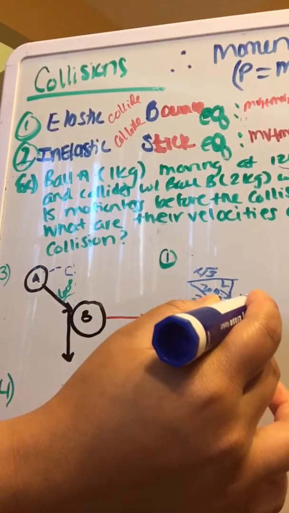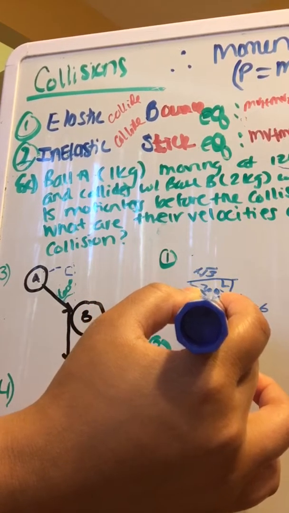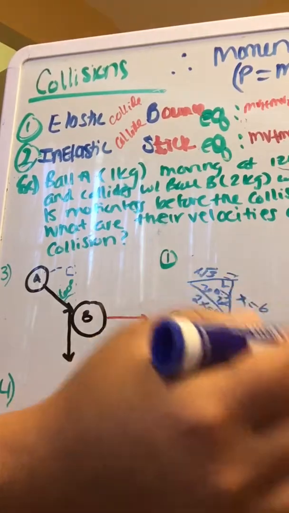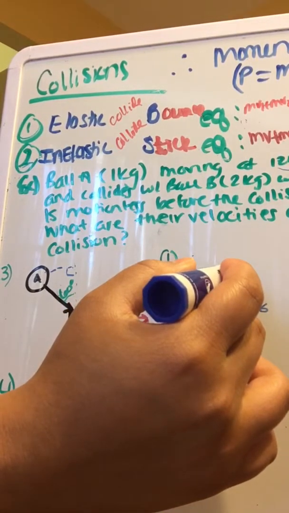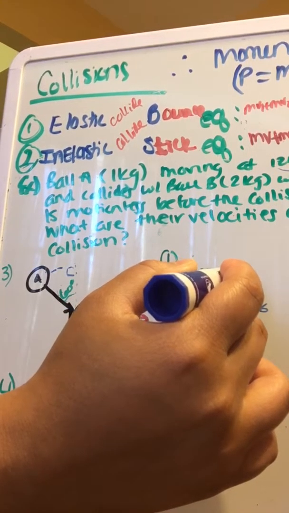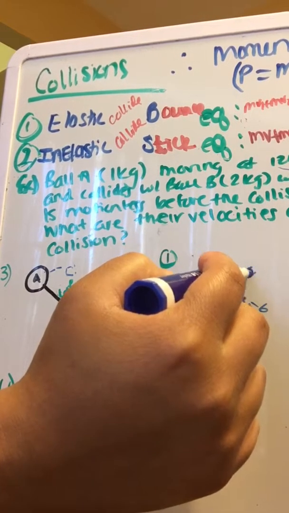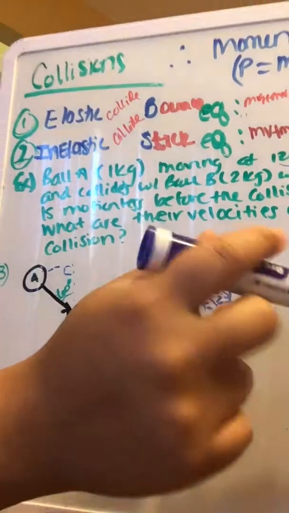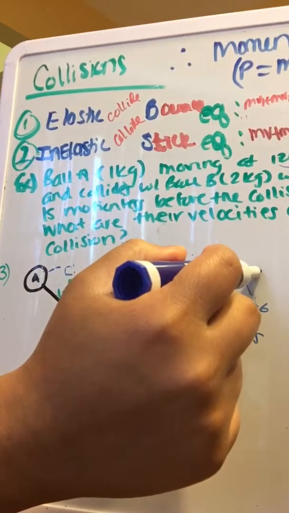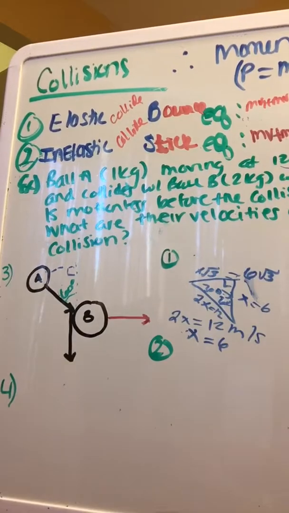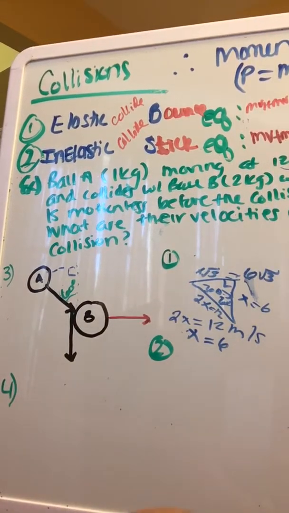And then we can say that the adjacent velocity is equal to 6 root 3.